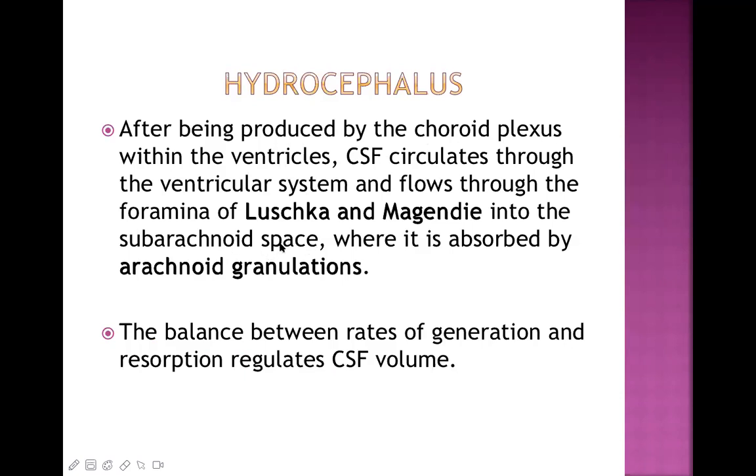Now from the subarachnoid space, it is absorbed by arachnoid villi and granulations into the superior sagittal sinus. And this whole mechanism is well balanced. And how is it well balanced? Remember the rate of production of CSF and the rate of absorption regulate the CSF volume there. So in normal people, it remains balanced.